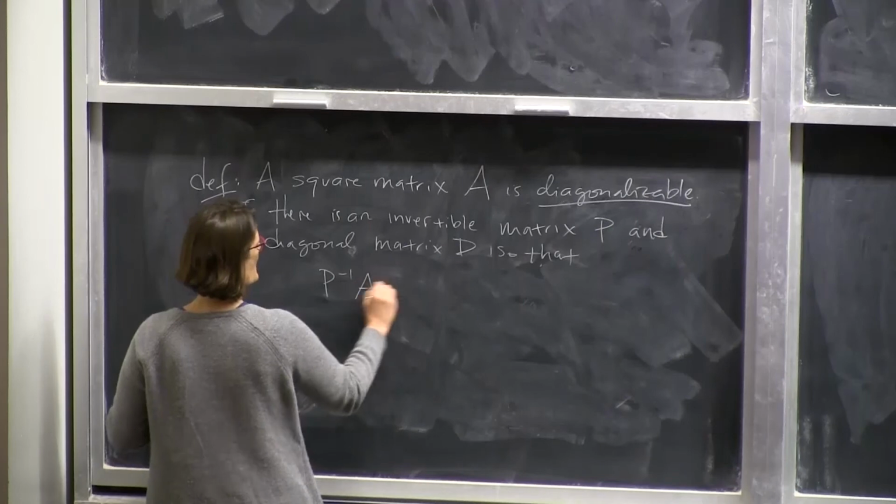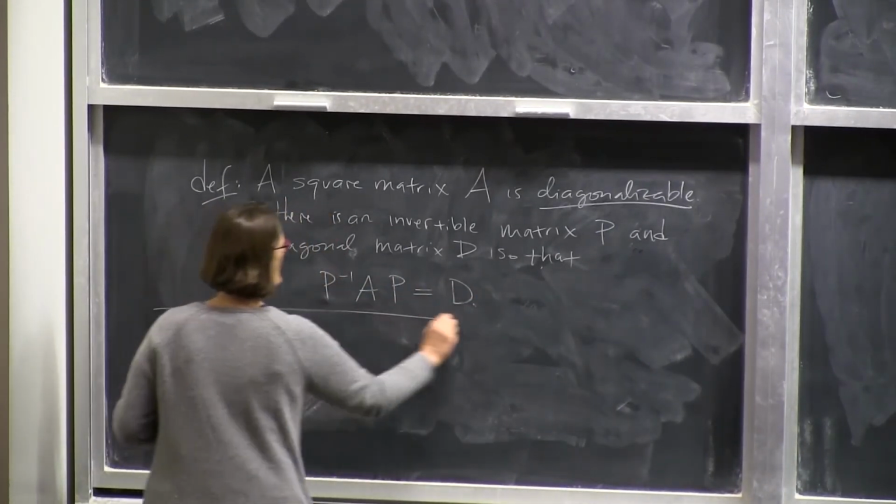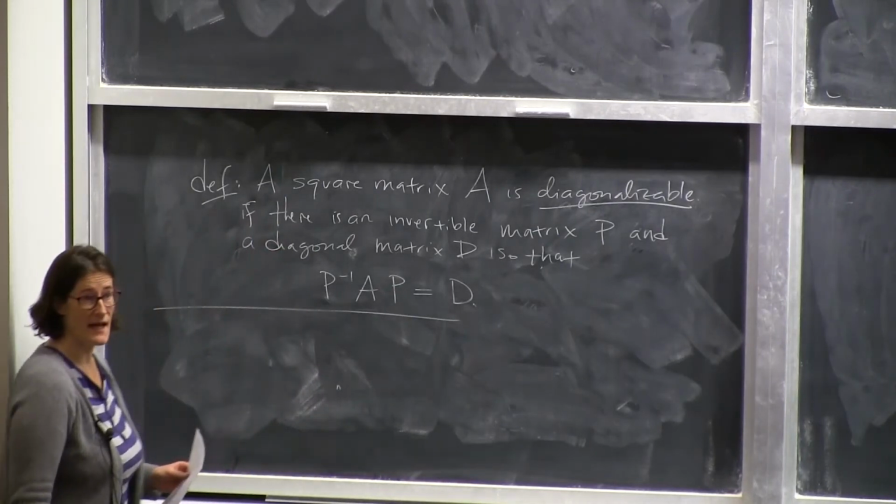P inverse AP is equal to D. So that's what it means for a matrix to be diagonalizable.